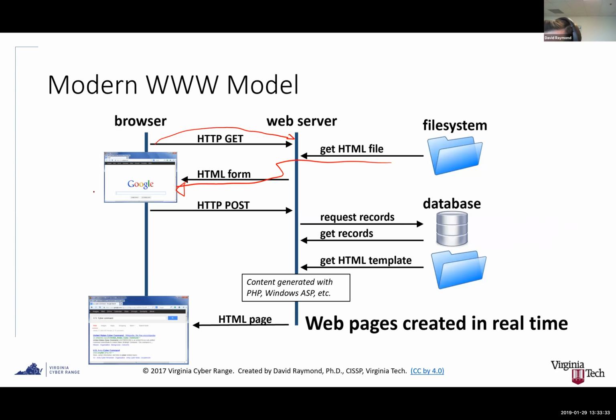The user can type stuff, and then that stuff that the user typed is packaged up by the web browser, and it gets sent to the web server, and whatever the user typed is going to get sent, in this case, to a database, and the database is the Google list of web pages, and the database is going to return some answer to the web server, and then there's going to be some web template that the web server is going to grab out of its file system.